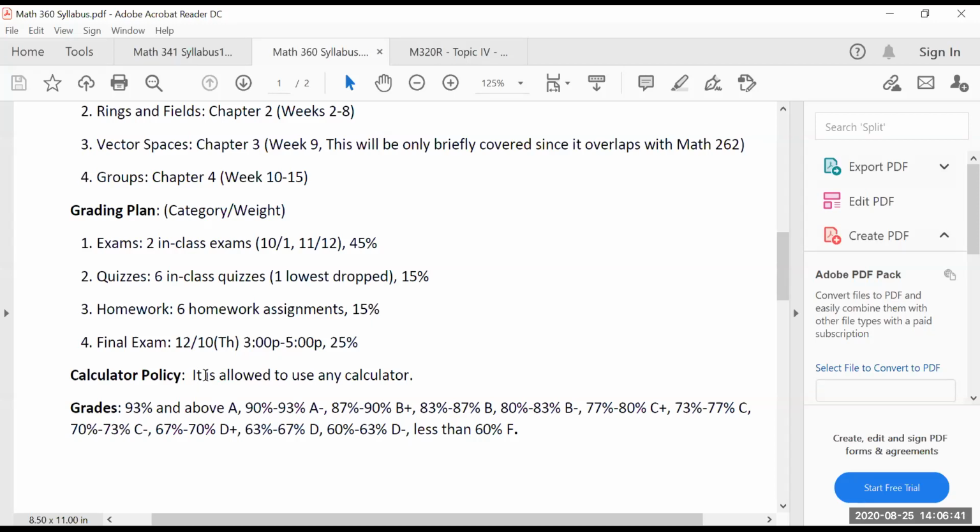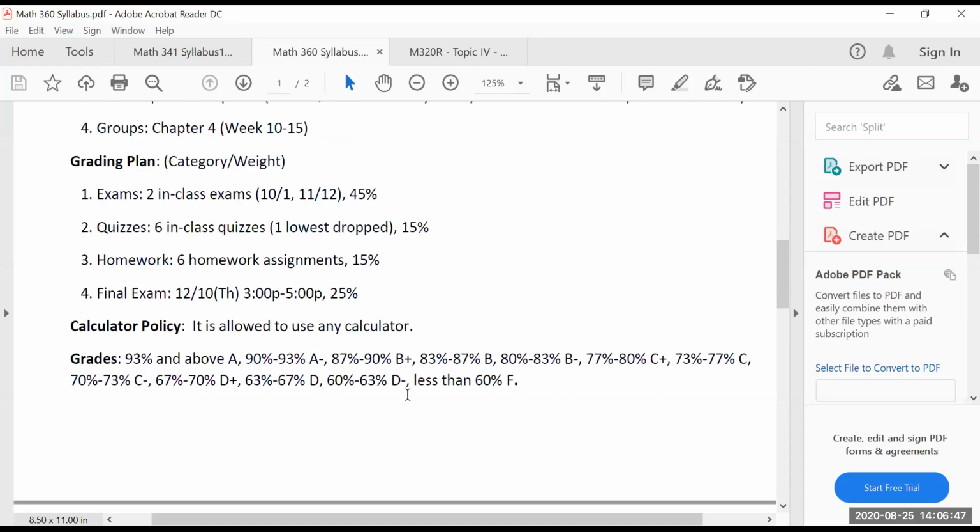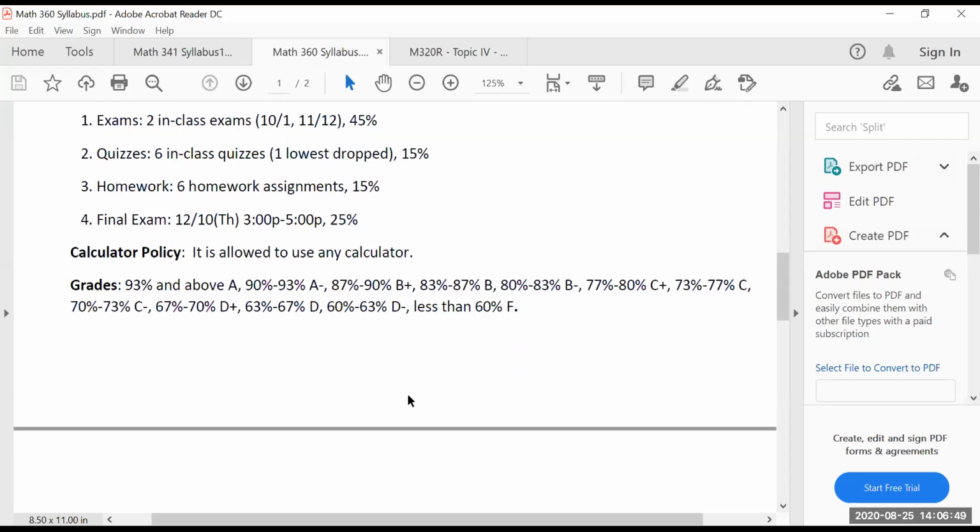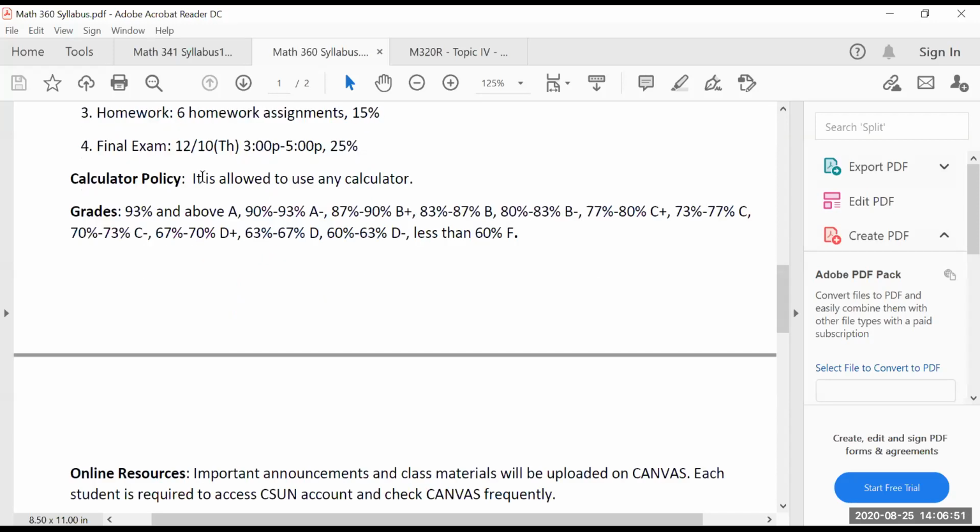Practically, you will not need a calculator to solve any of the problems in this course, so allowing the calculator or not doesn't make a real change. The grades are given as a percentage, 93 and above is A, and so on.